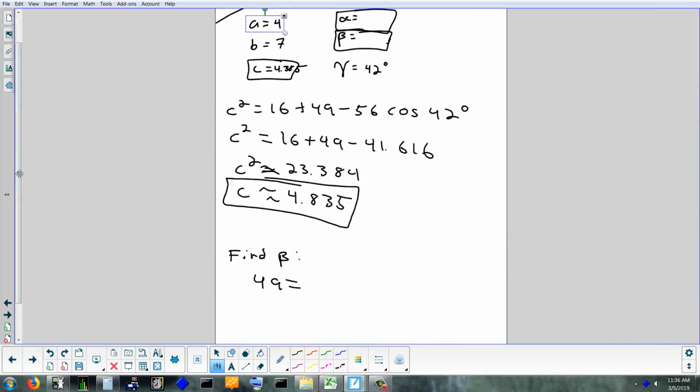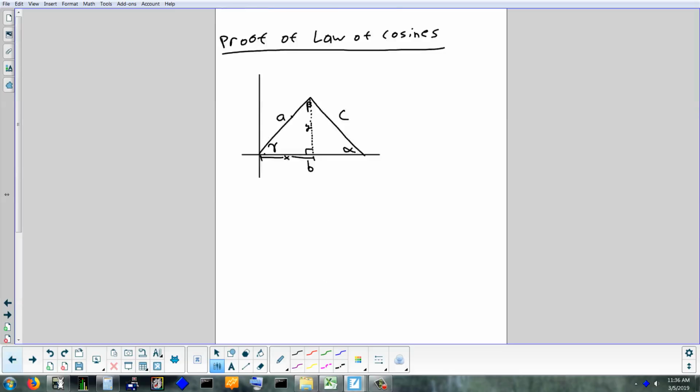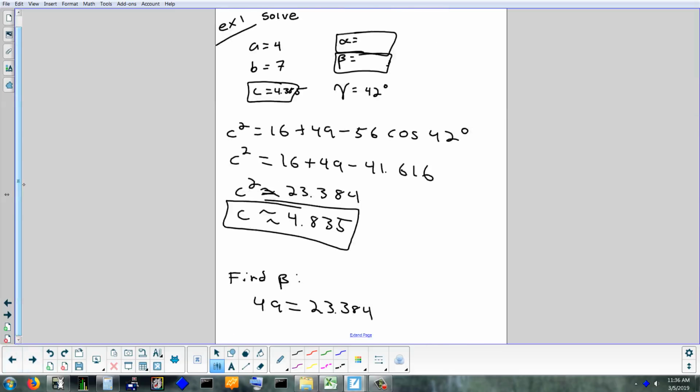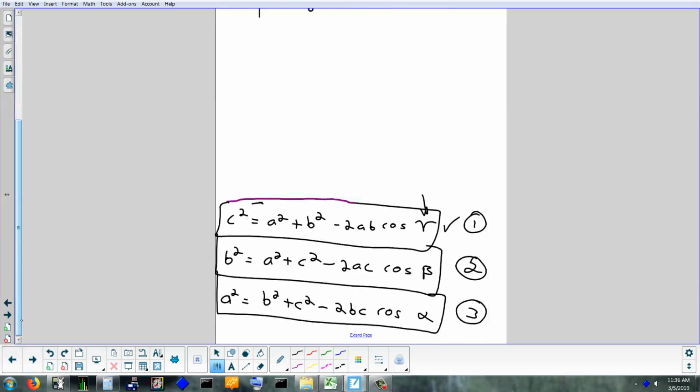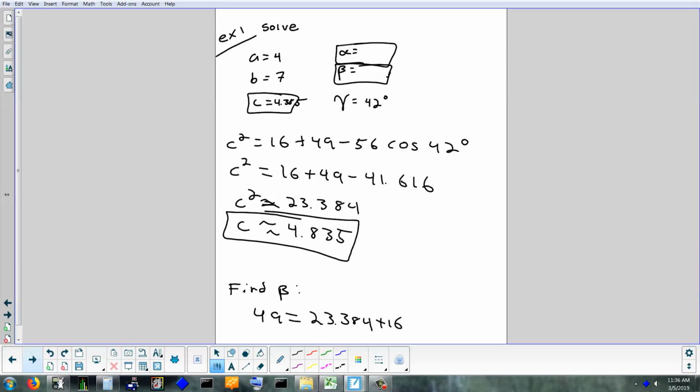All right, so B squared equals. Now, to get C squared, don't take 4.835 and square it. Just look at the line above it. C squared is already right there, 23.384. So B squared equals A squared plus C squared, or C squared plus A squared. It doesn't matter. Minus 2 times, let's go back to the formula, A times C. 2 times A times C. So 2 times A is going to give me 8.